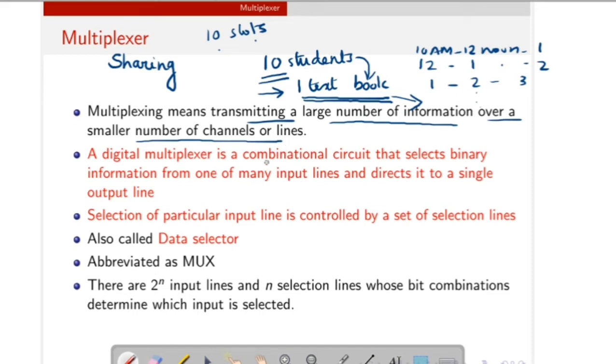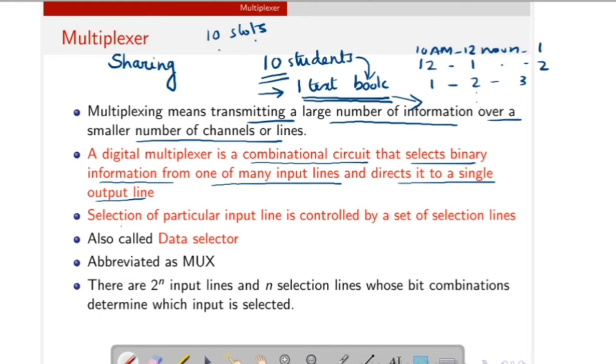So a digital multiplexer is a combinational circuit that selects binary information from one of many input lines and directs it to a single output line. That means there are a number of inputs, but only one output. The binary information from one of the many inputs is directed to the single output line by selection lines.